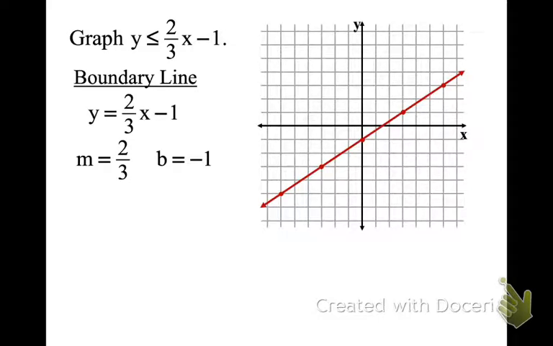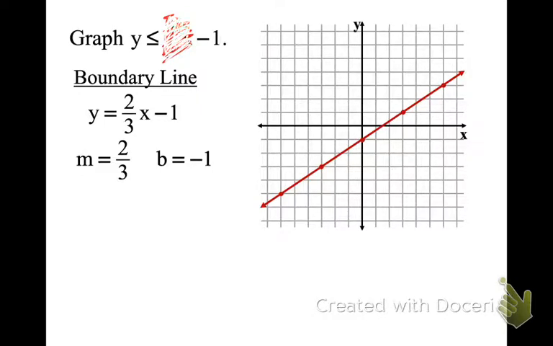Now, the shading. I have a little trick that I do. My shading trick is I go to the y-intercept in the equation, right? The y-intercept is when x equals 0. It basically makes this term disappear. If x is 0, we can block that out. You guys with me?